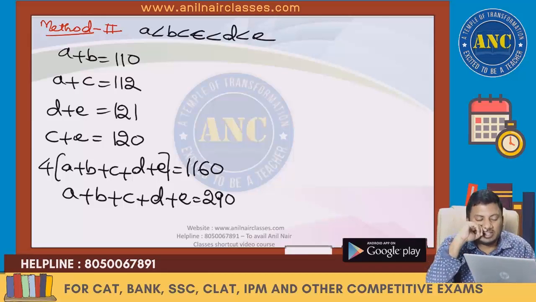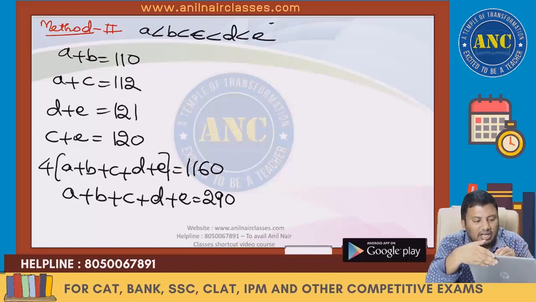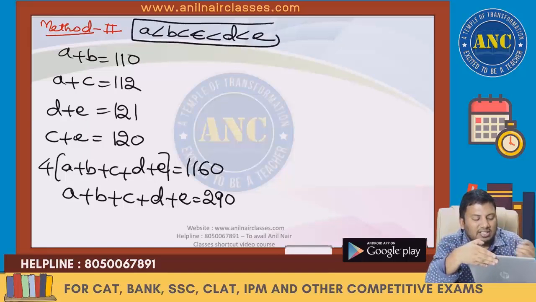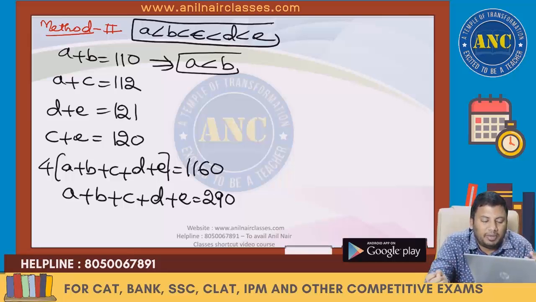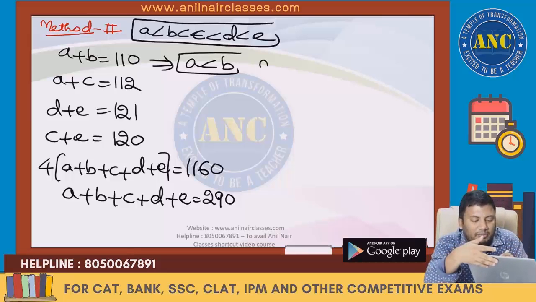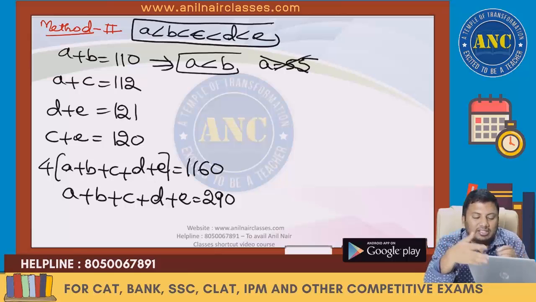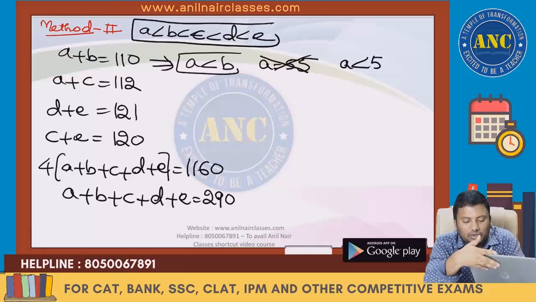Now, why I said it should be 2? Think logically. A less than B less than C less than D less than E. If A plus B is equivalent to 110, and A is less than B, then if both A and B are equal, A would be 55. If A is less than B, A has to be less than 55. Are you all with me?